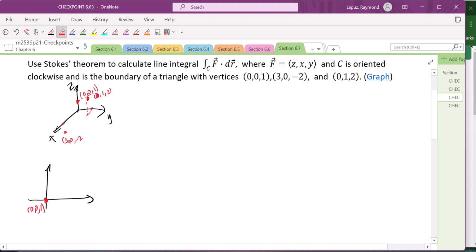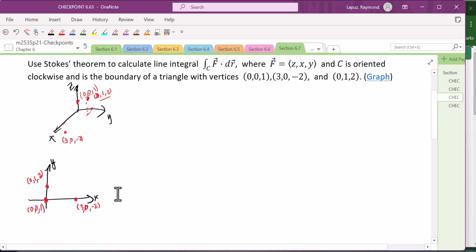Then our next point is 3, 0, negative 2, so the 3, 0 would be along the x-axis, and negative 2 is the z component, but again we'll set that aside. And finally there's 0, 1, 2, so 0, 1 is this point in the xy plane, and we throw in the 2 to say this is just the view from the top, so that we see the x and y axes.